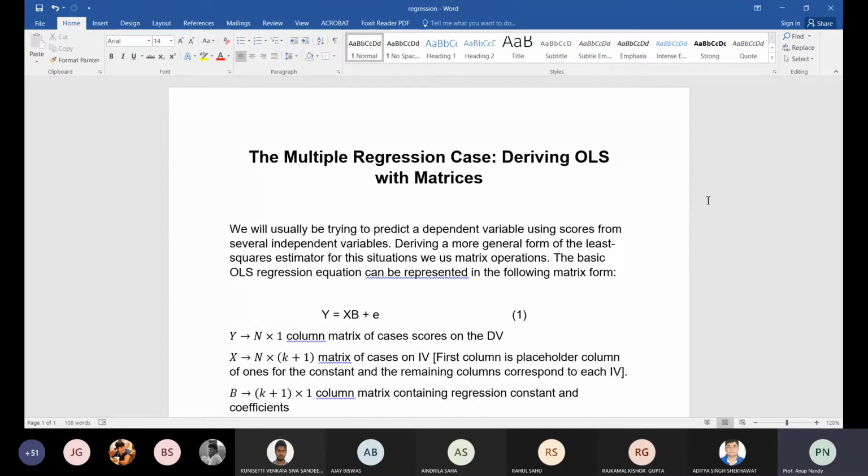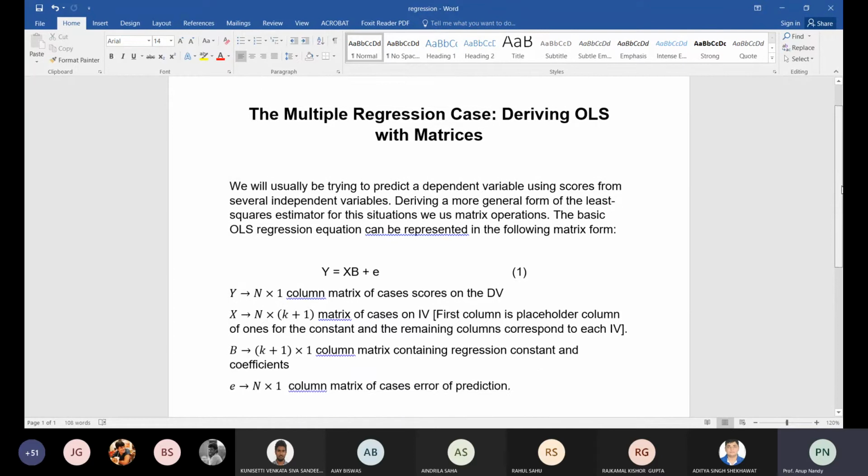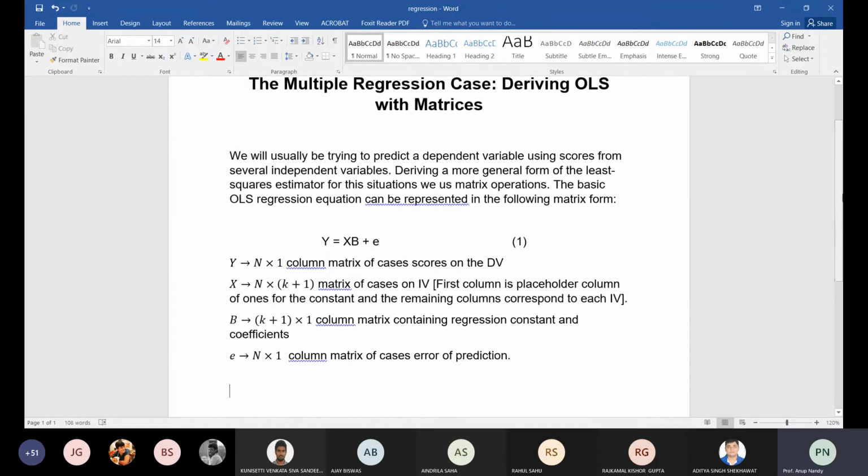It is n into k plus 1. Why is k plus 1 coming? The first column is a placeholder column of ones only for the constant, and the remaining columns correspond to each independent variable. Next is B. The dimension of B is k plus 1 cross 1.